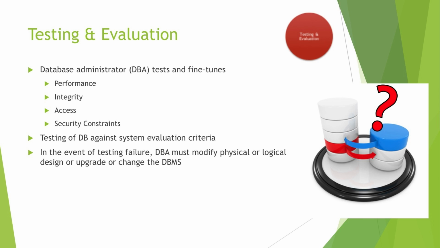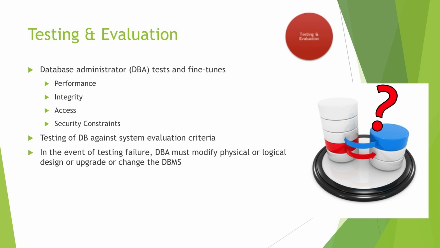Moving into testing and evaluation, the database administrator, or DBA, both tests and fine-tunes the database. Some of the areas that are considered during this phase are performance, integrity, access, and security constraints. In addition, testing of the database against the system evaluation criteria is done to ensure that the database is meeting the documented requirements.